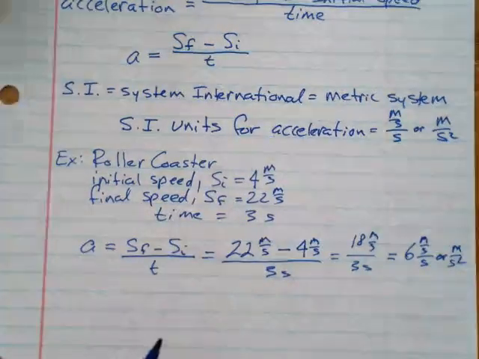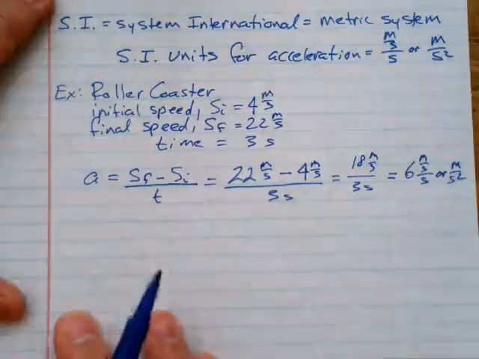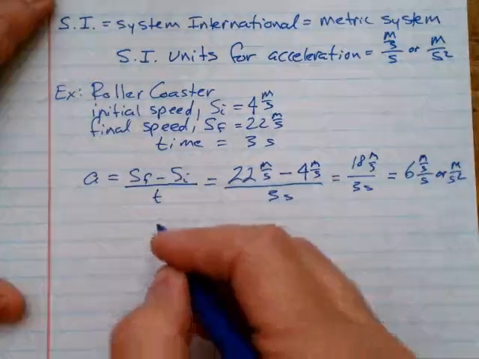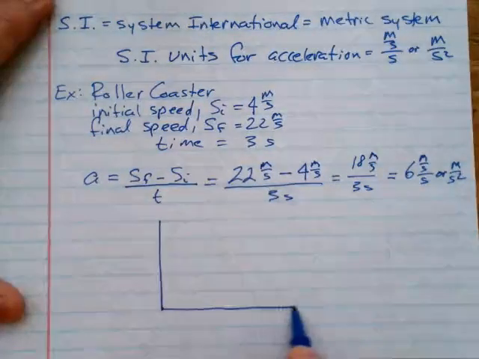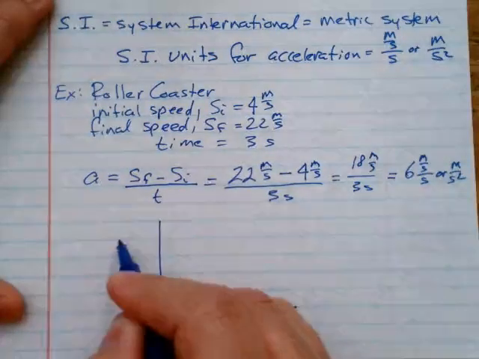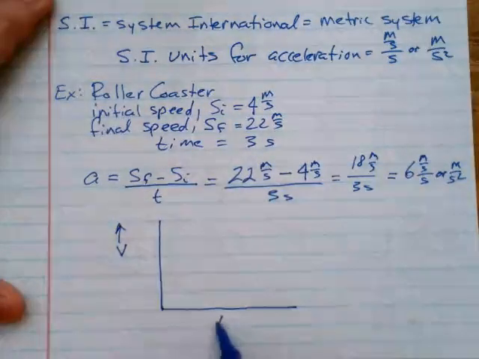Last thing, before these notes are done, I want to show you what that might look like on a velocity time graph. We haven't really talked about this yet, but this is your first exposure, so go ahead and put this in your notes, and when we start talking about it, it will make more sense.